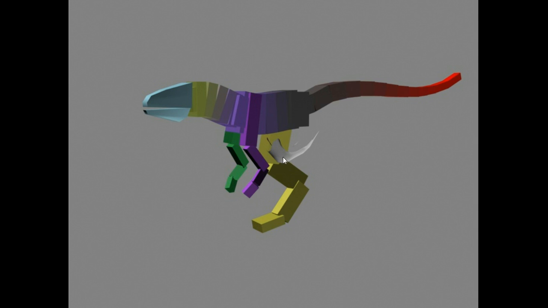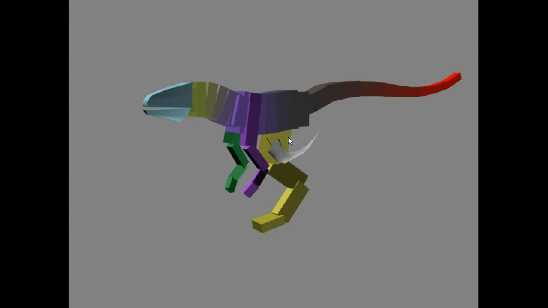Being in a place without any bones, the stomach of my dinosaur was being controlled in a random way by both the leg and the pelvis. So in order to fix this problem, I took the very mesh of the stomach of my dinosaur and used it as a bone, giving to this bone the control of the mesh of the stomach of my dinosaur.